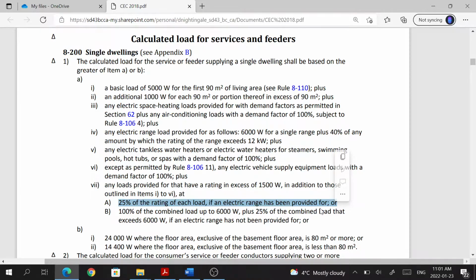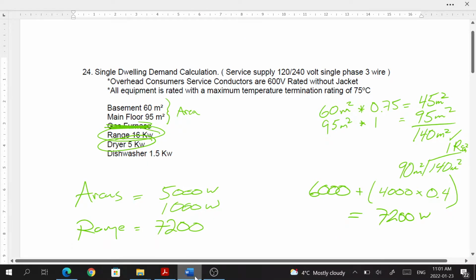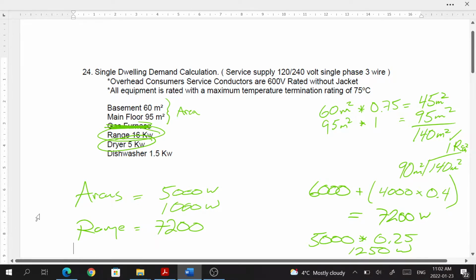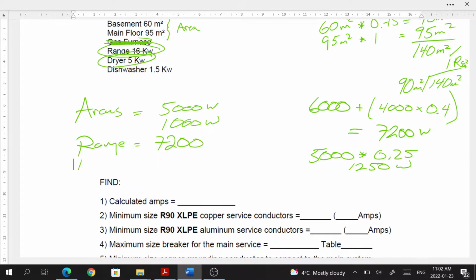So we're going to take that dryer at 25%. So it's 5,000 times 0.25, which is going to give us 1,250 watts. So dryer equals 1,250.